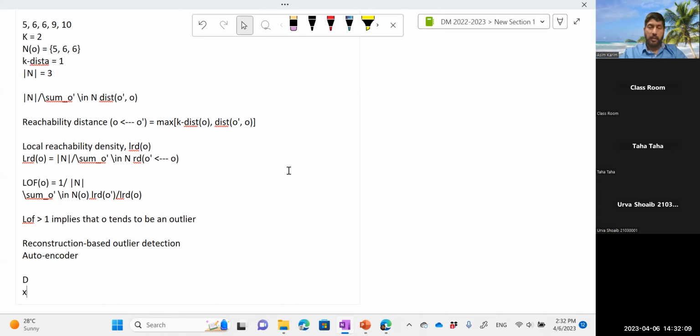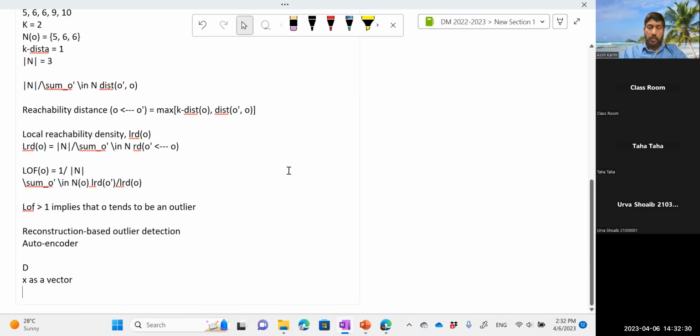So let's say you have an object X. Let's say I'm talking about a vector, object X as a vector. Okay? So now whatever model you have developed, you will get a representation for that, X prime, for example.